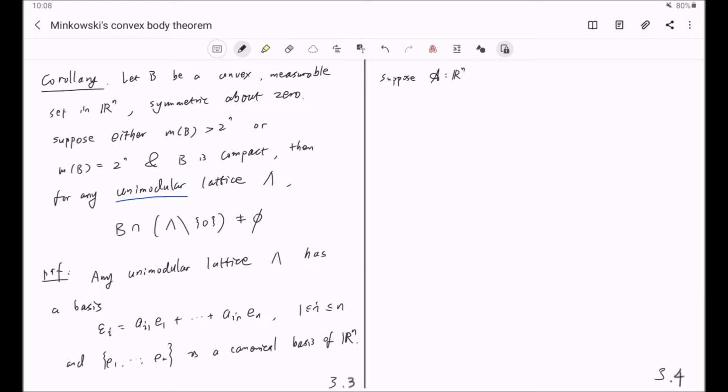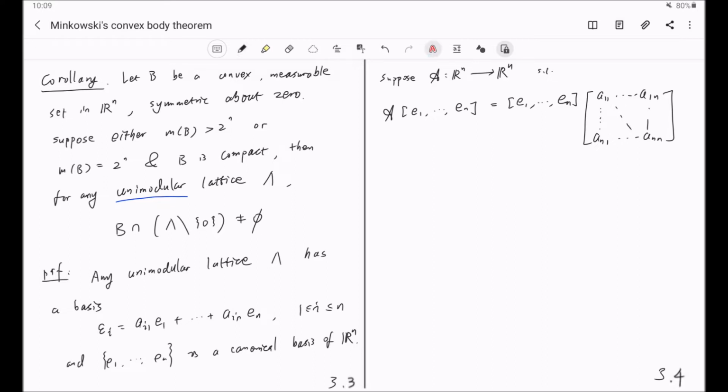And now suppose script A is a linear transformation from R^n to R^n such that the action of A on those basis vectors has a matrix representation denoted by this matrix formed by those coefficients. Namely, this is a11, an1, a1n, ann.